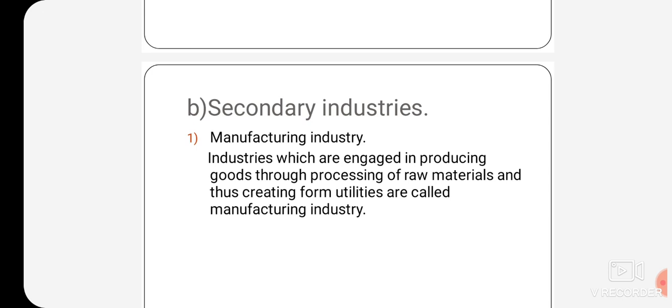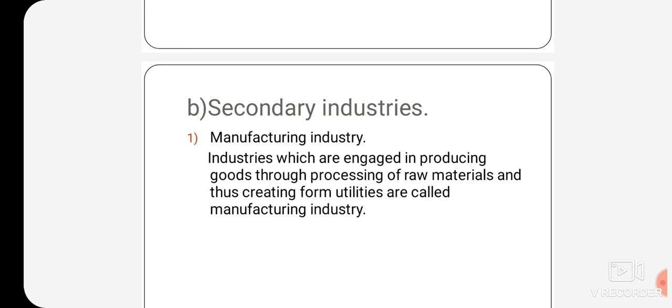Now the question comes, what do you mean by manufacturing industries? The name itself indicates it. Manufacturing industries are industries engaged in producing goods through processing of raw materials and thus creating form utility.